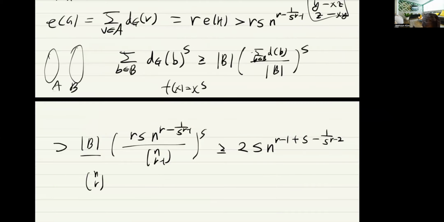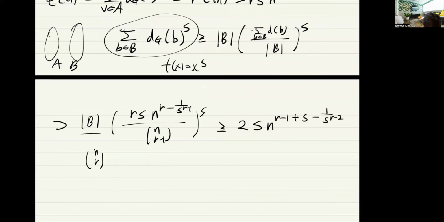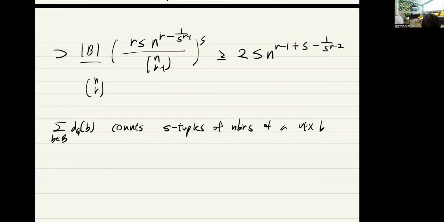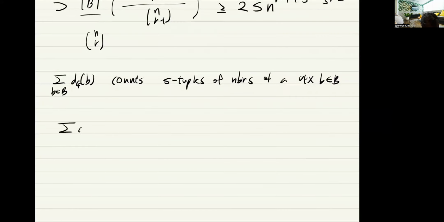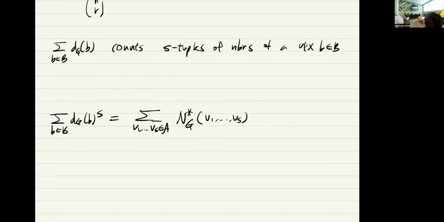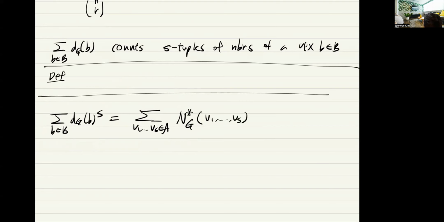On the other hand, this counts all the S-tuples of neighbors of vertex B. Hence, let's write.